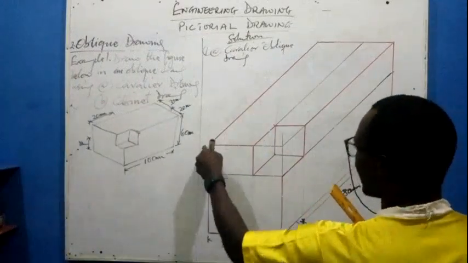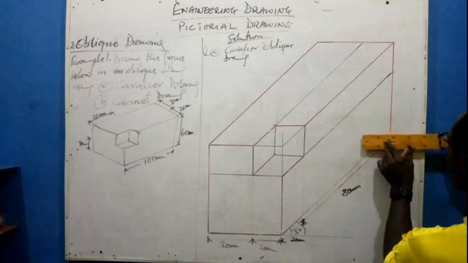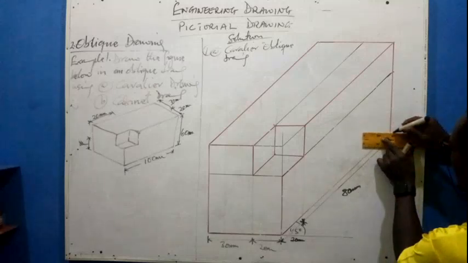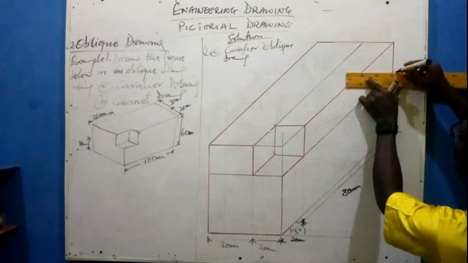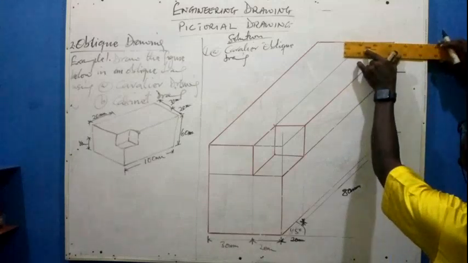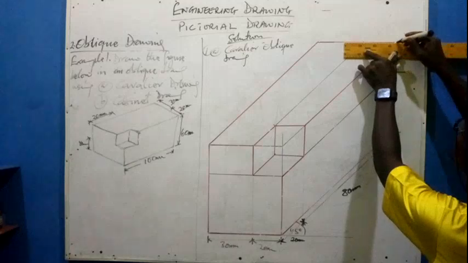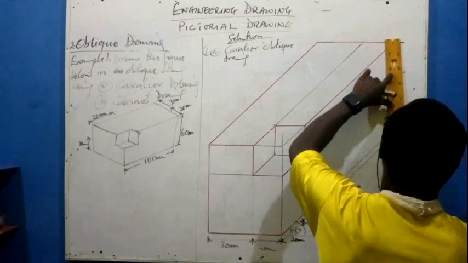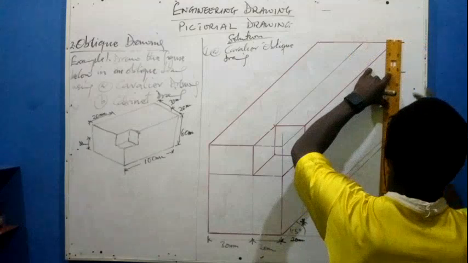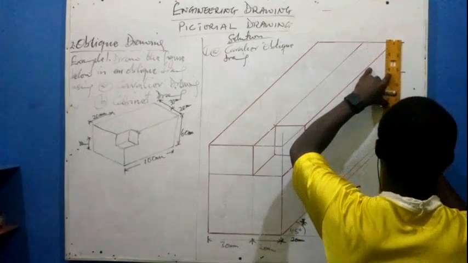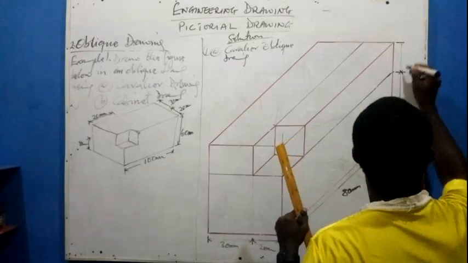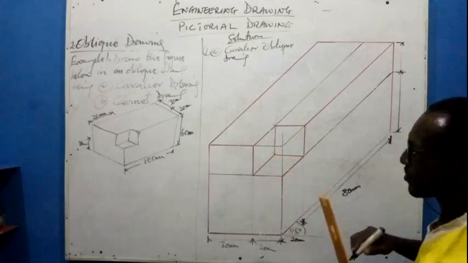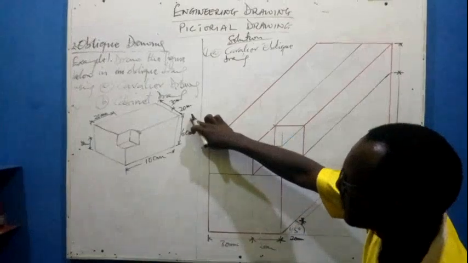Now we come to our height. I can bring the height here, I can choose to bring it here. Now this is my height. Now the total is 60.